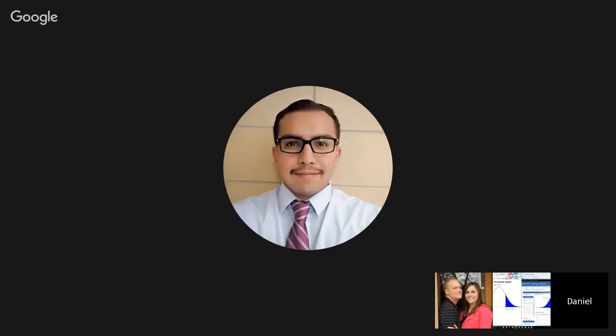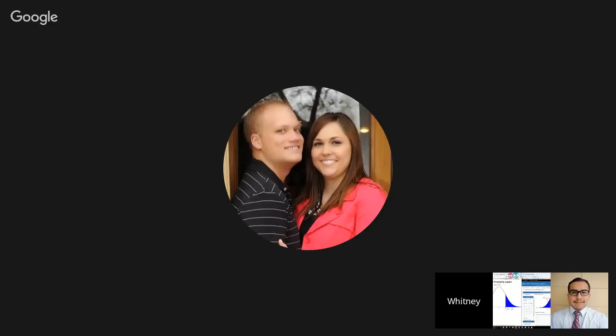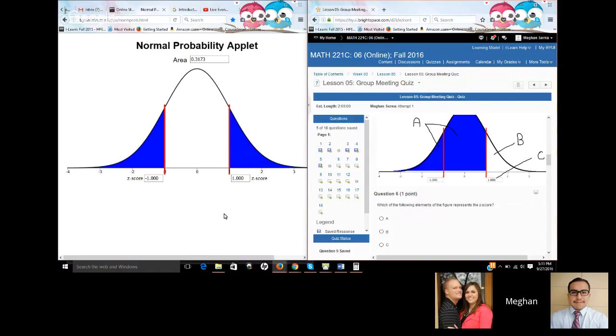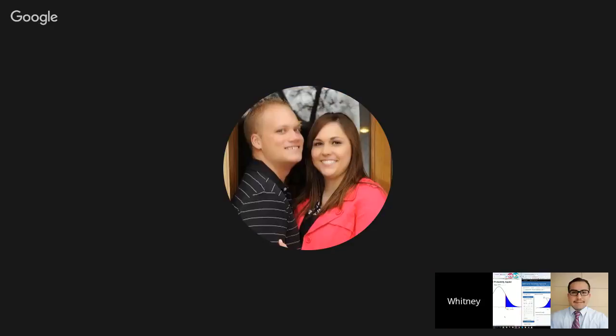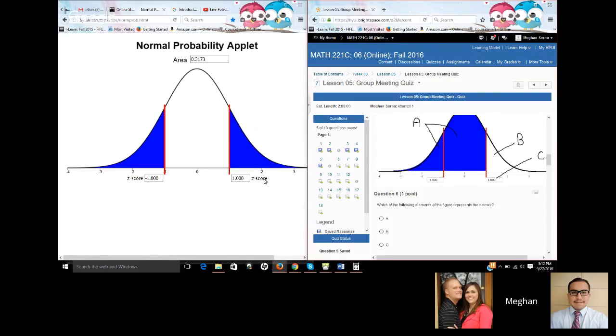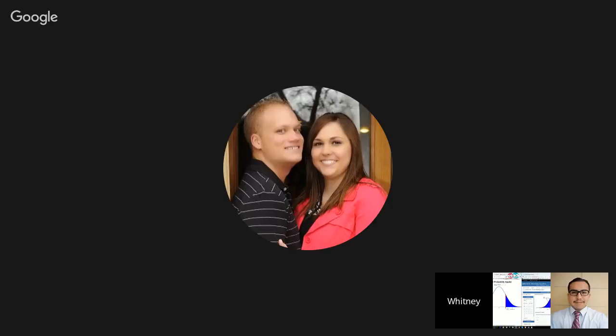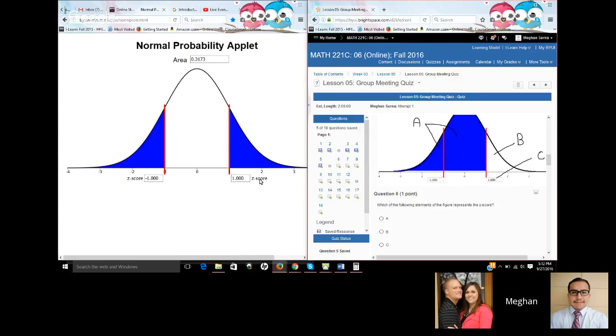But doesn't it show the z-score by the line by the A, so is it in between those 2 lines? Does that make sense at all? Well, I'm not sure if it's asking if this actual square where C is at is the z-score. Oh, okay, I see what you're saying. Because on my applet, that would be the z-score.